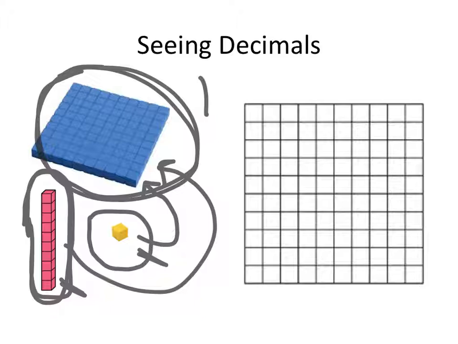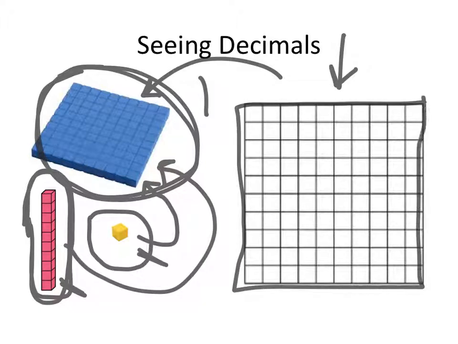We can also use grid paper with students, and we can give them a 10 by 10 grid like this, which very much looks like our whole with place value base 10 blocks, and we can say, here is our whole. This is one whole. You will notice that there are lots of little pieces in it, and if we count up all these little pieces, we're going to find that there are 100 of them.